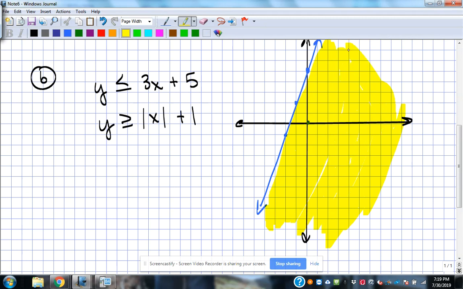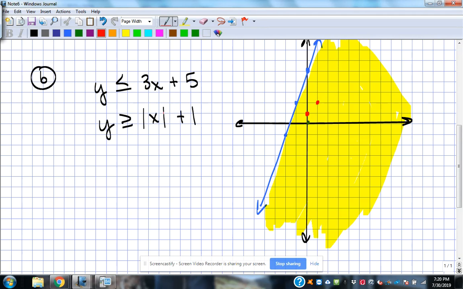And then I'm going to get that absolute value graph going. So absolute value of x plus 1. We know the absolute value should be that V shape. We talked about that in 100. So it's going to shift up 1. I don't know what else it's going to do, but I'm going to plug in some x values. If I plug in positive 1, 1 plus 1 is 2.